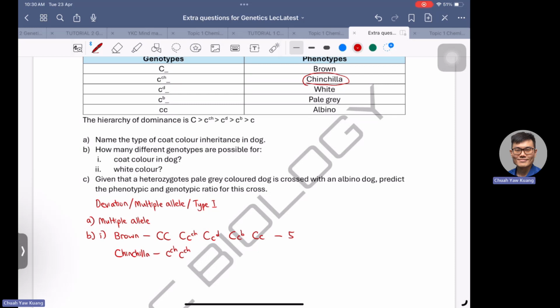Then cch can pair with cd, cch can pair with cb, and cch can pair with c. All of these give rise to the chinchilla phenotype. So there are a total of 4 types.